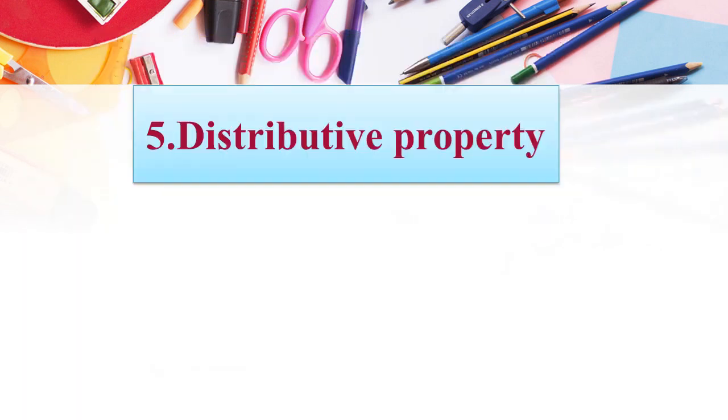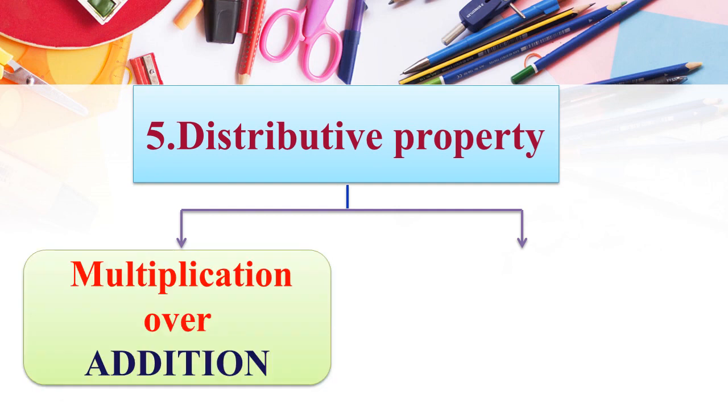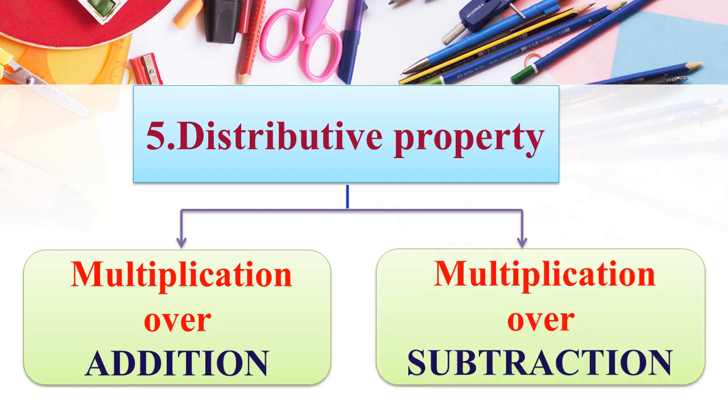Next, distributive property. To distribute means to divide something or give a share or part of something. The distributive property helps in making difficult problems easier. Here, two types are there. The first one is distributive property of multiplication over addition and the second is distributive property of multiplication over subtraction.